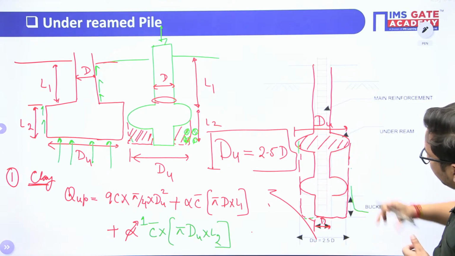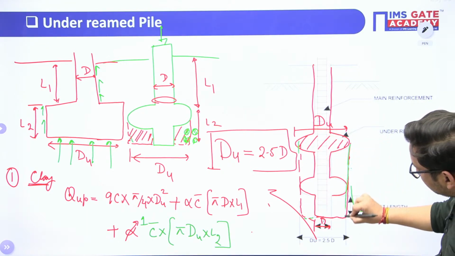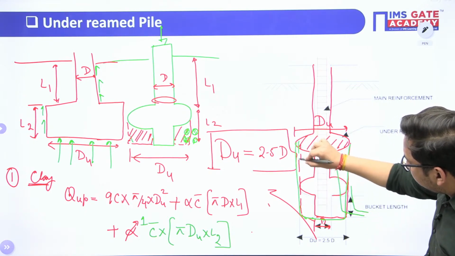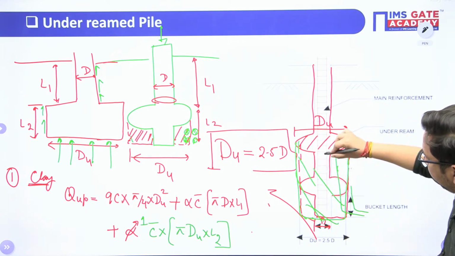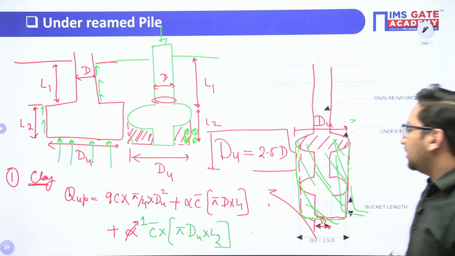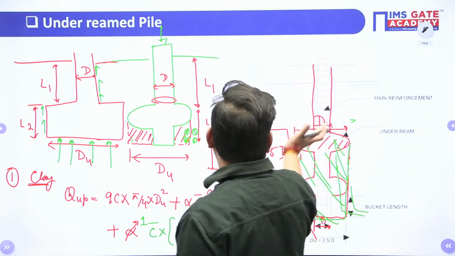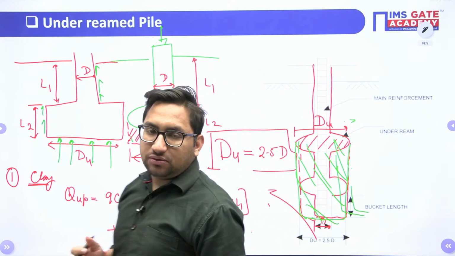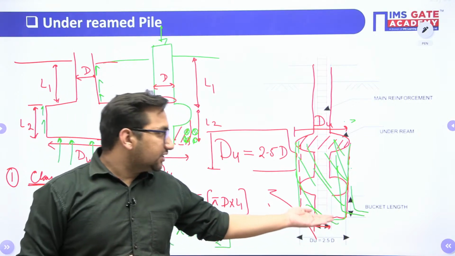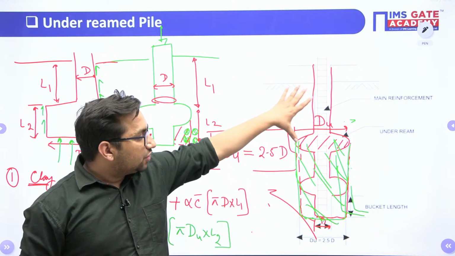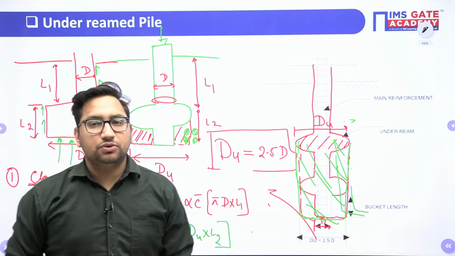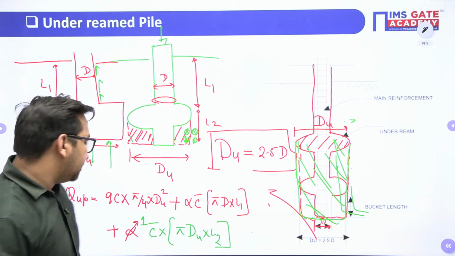This whole part will act as a part of foundation. Clear? So this will be the dimension at this particular level and separately above. So you can calculate separately what will be the end bearing at this point and what will be the side friction for this particular portion and this particular portion. Clear? I hope this concept is also clear.